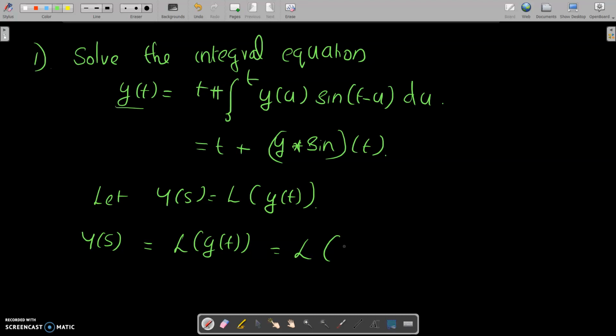The Laplace transform of y of t is the Laplace transform of t plus y star sin of t.